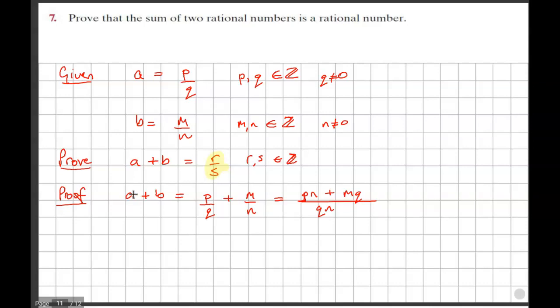We have, in a sense, something of the form of an integer value on the top, because if you multiply two integers together, you get an integer. If you add two integers together, you get an integer. So by using that logic, we have something which is R over S, where R and S are integer values.